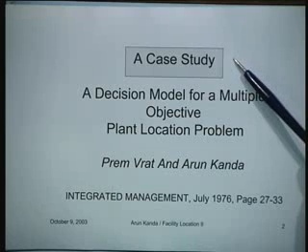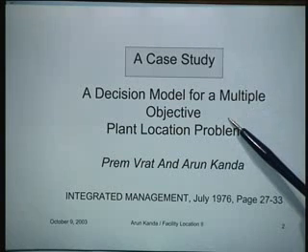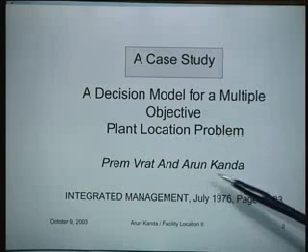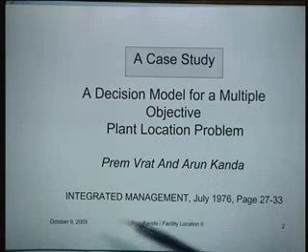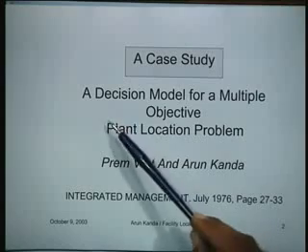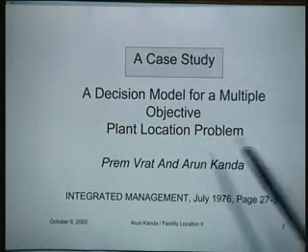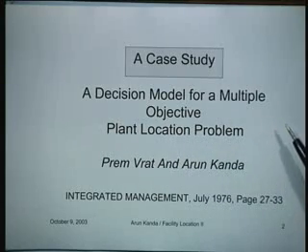This particular case study is actually based on a paper that Professor Prembrath and I wrote, and this is the reference. It's called a decision model for a multi-objective plant location problem.